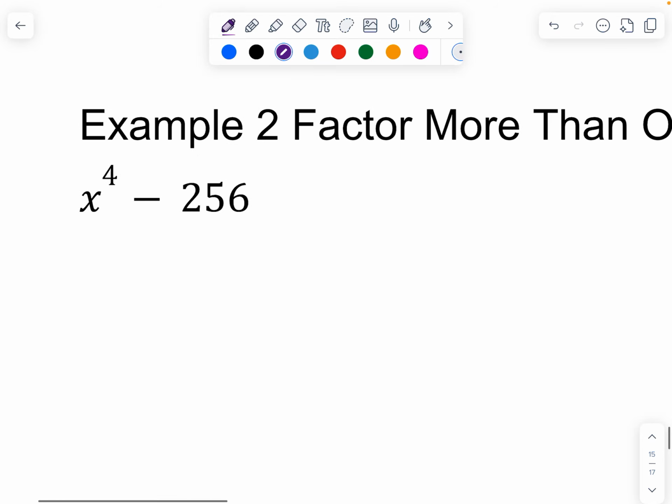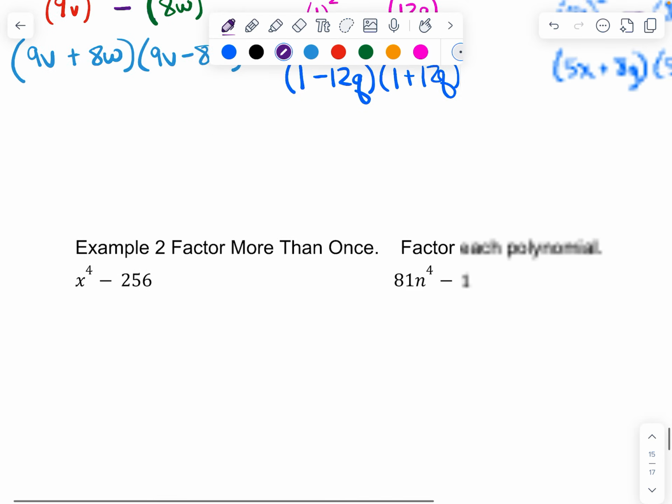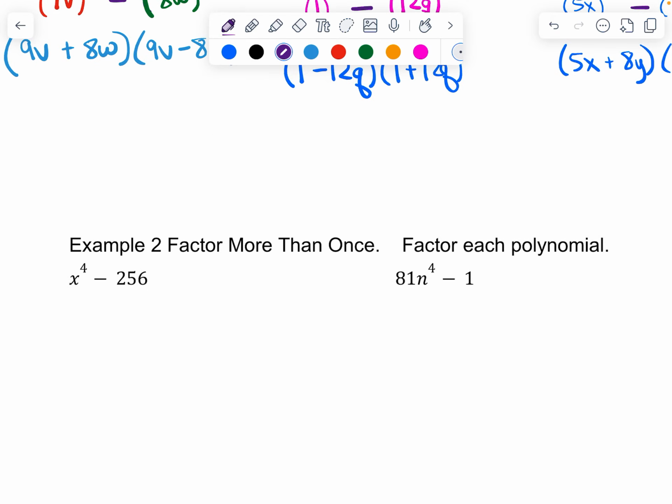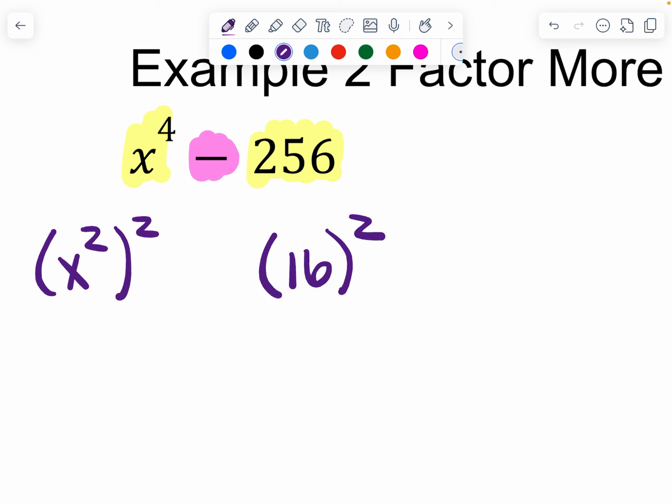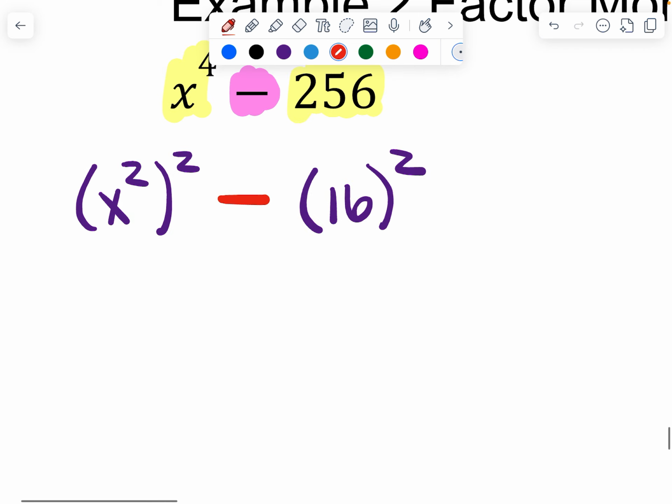Okay. Now this one says factor more than once. So that means we must be able to do this more than one time. So is this a perfect square and is this a perfect square? Do they have a minus sign in between? Yes. So I'm going to write this as x squared all squared, and this as 16 squared, with a minus sign in between.